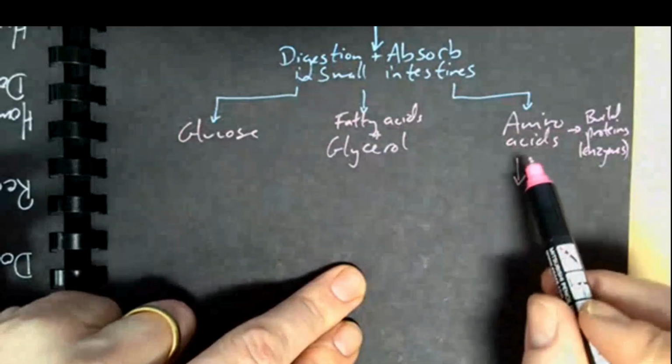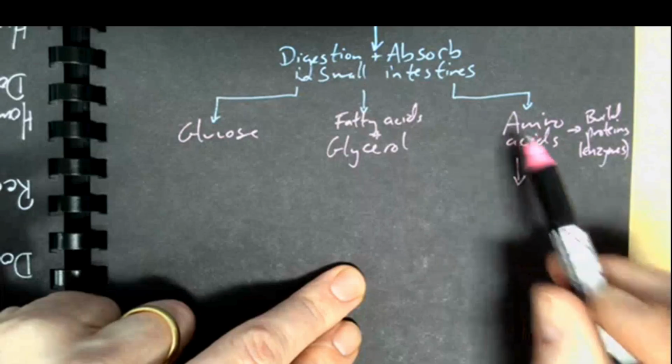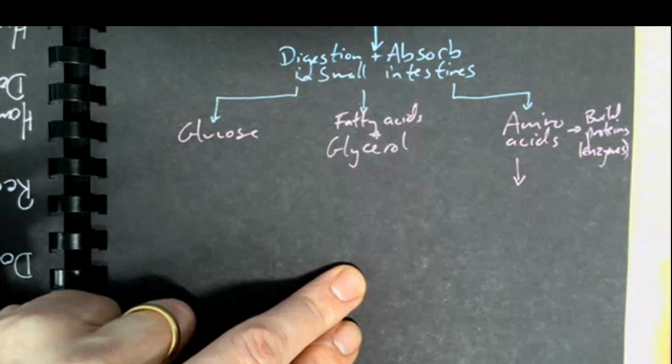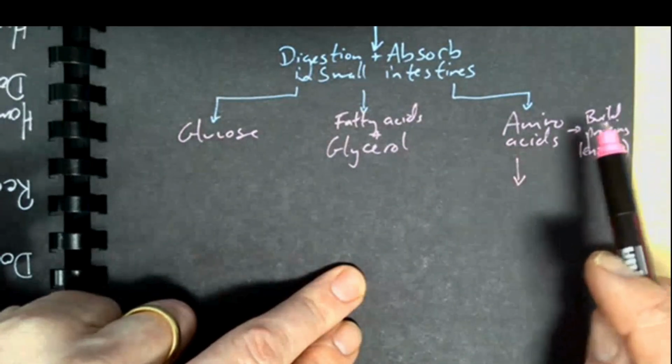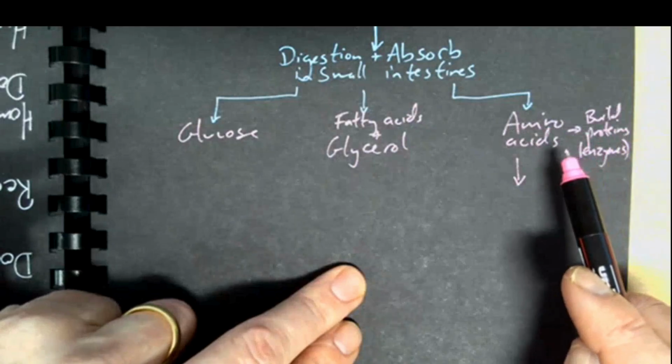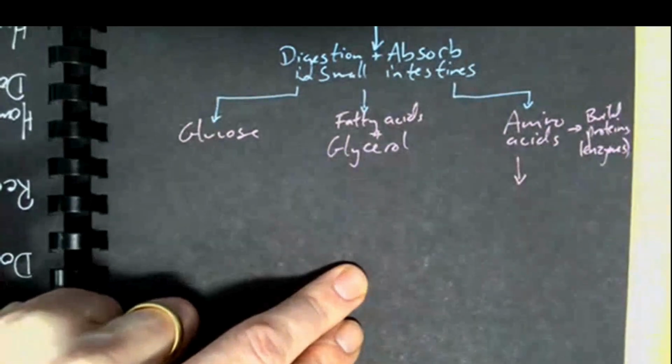And if we eat too much amino acids, so this is what happens if you're drinking a protein shake, the vast majority of that protein shake is not able to be used because your body's only able to synthesize proteins at a certain rate.